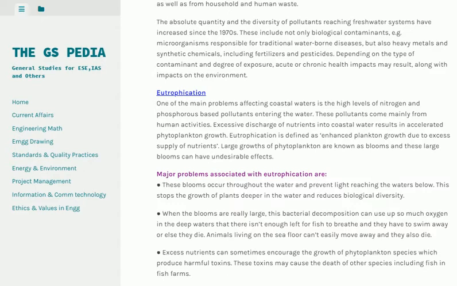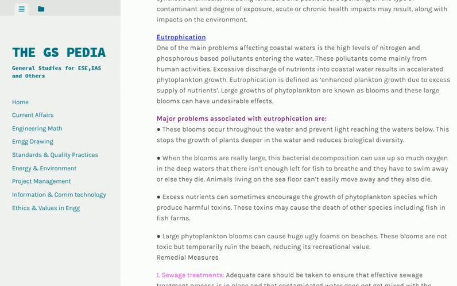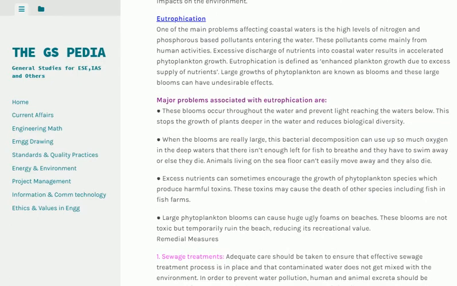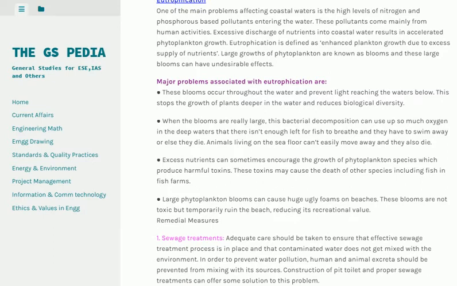When the blooms are really large, bacterial decomposition can use up so much oxygen in the deep waters that there isn't enough left for fish to breathe and they have to swim away or else they die. Animals living on the seafloor can't easily move away and they also die.